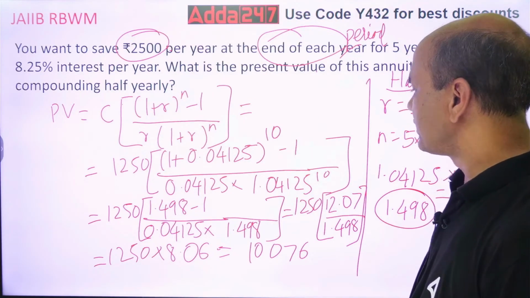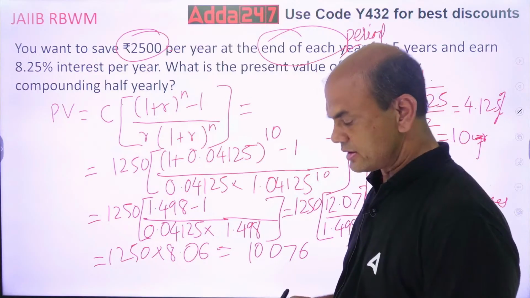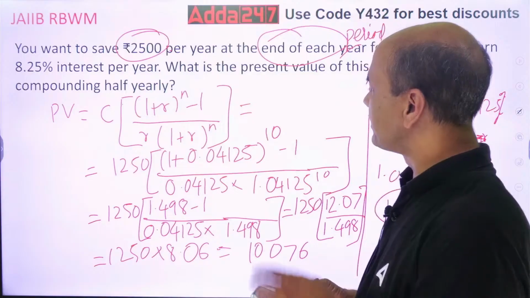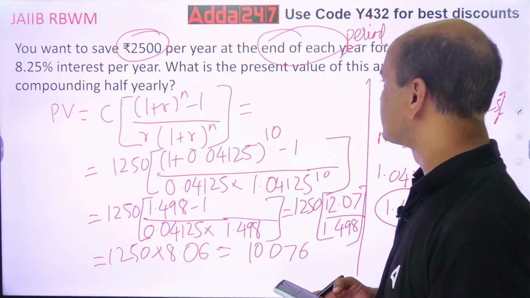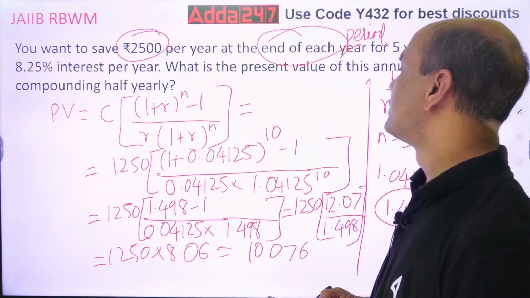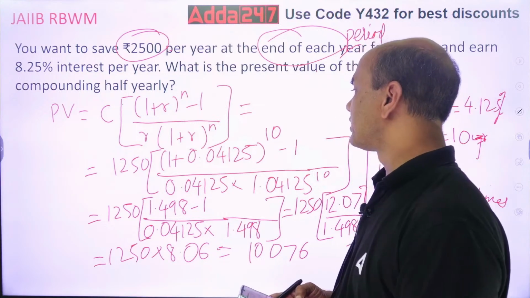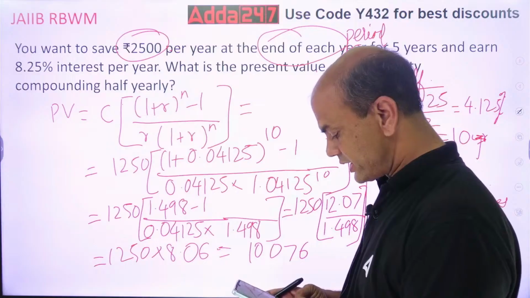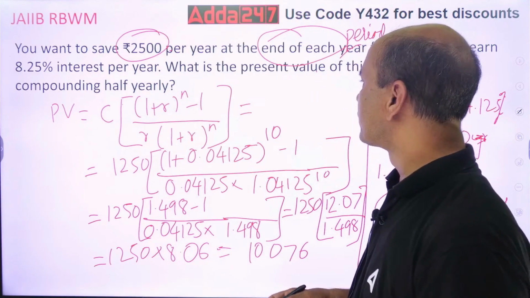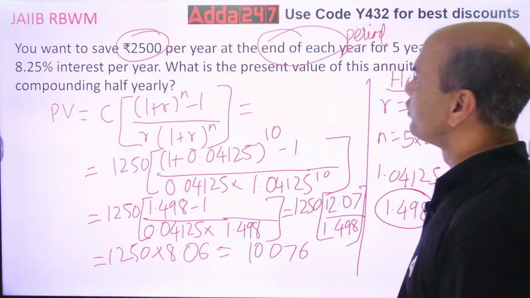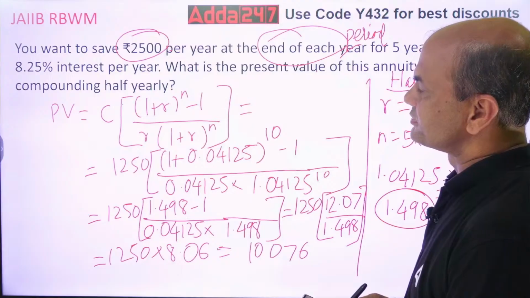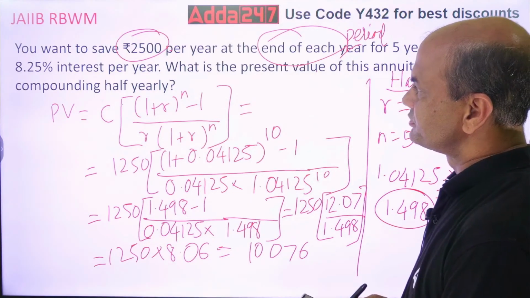Got it? Let's check this again. So what is it? 1250 I am investing every 6 months. Right? For 10 periods. Correct. So try this. Everyone try this. 1.04125. Is this right? 4.125, 8.25 upon this. Yeah.